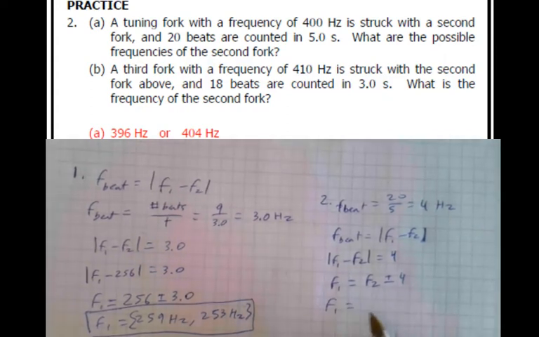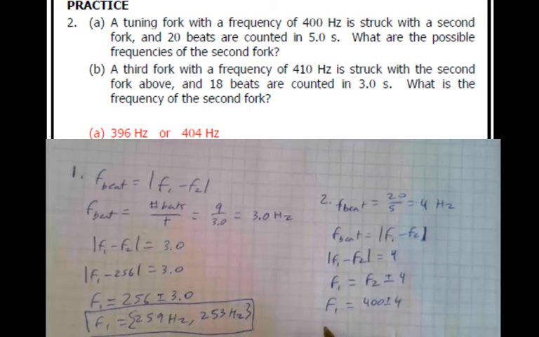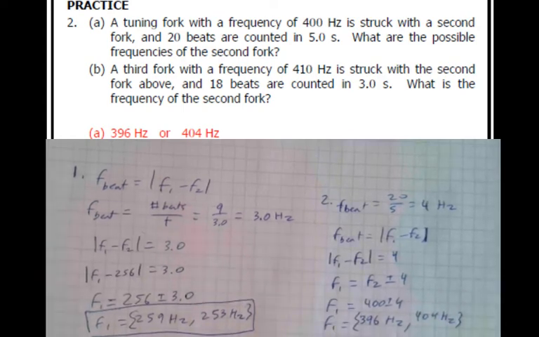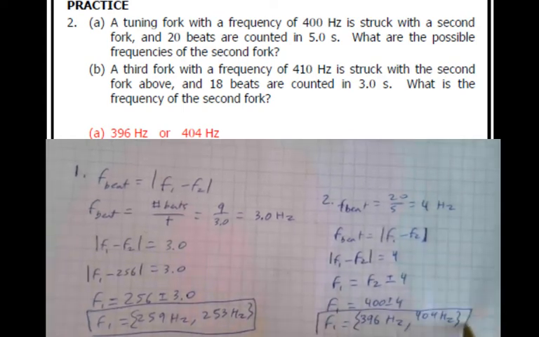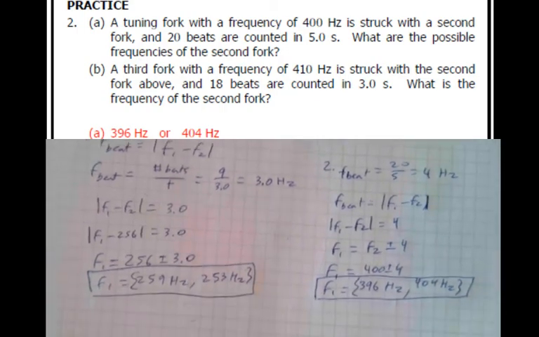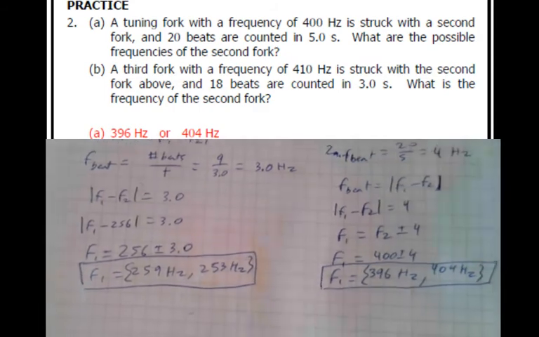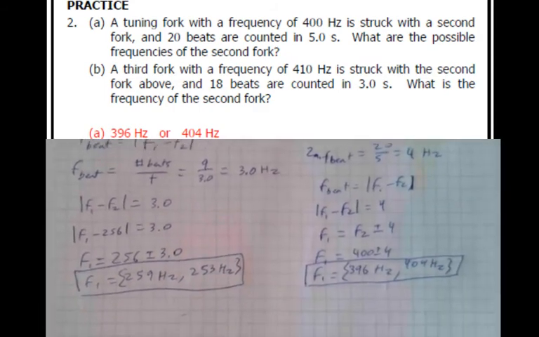So F1 equals 400 plus minus 4, and our possible values are 396 hertz or 404 hertz. This is how I show a solution set with squiggly brackets. That's my part A. Without being given any more information, that's as far as I can go.